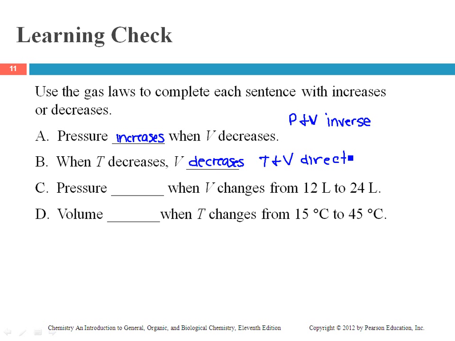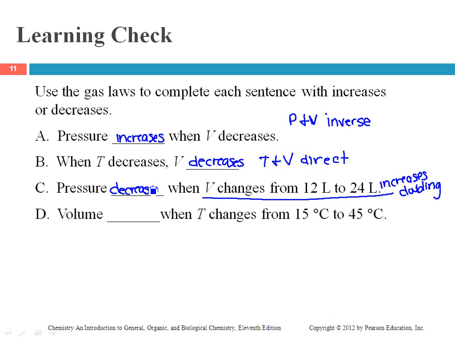C says pressure blank when the volume changes from 12 to 24. Our volume is increasing, it looks like it's doubling. If volume is increasing, then the pressure must be decreasing.